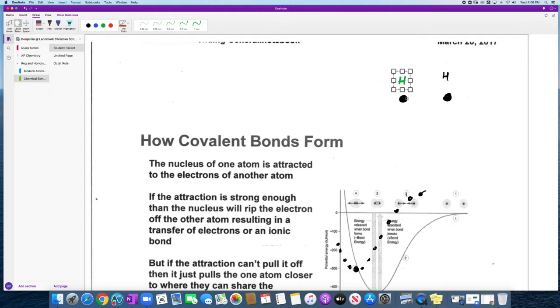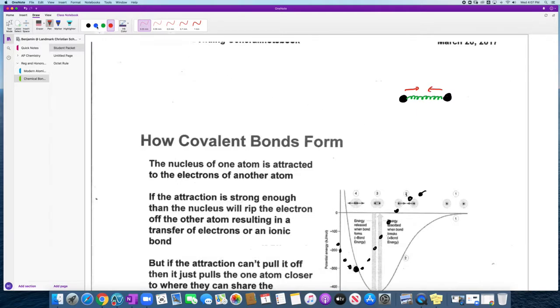And let's say that spring is kind of wound up a little bit. So let's say that there's some tension here. Now that they're close enough, this is like a chemical bond that's starting to form, and that spring is going to be pulling these atoms closer to each other.